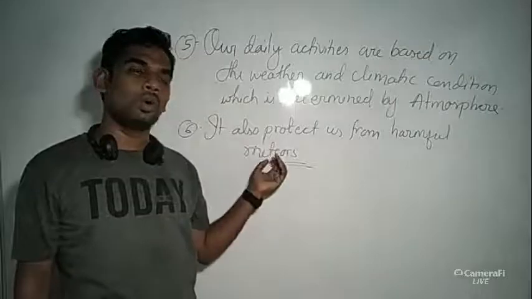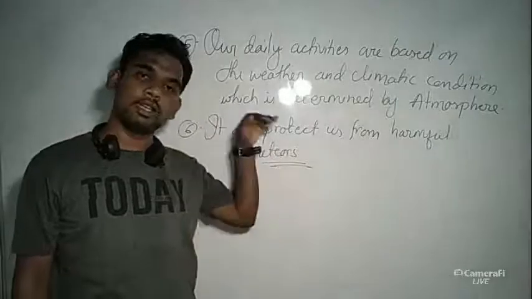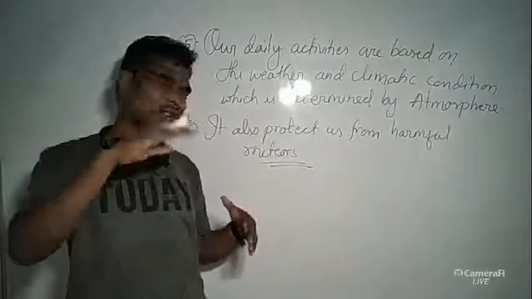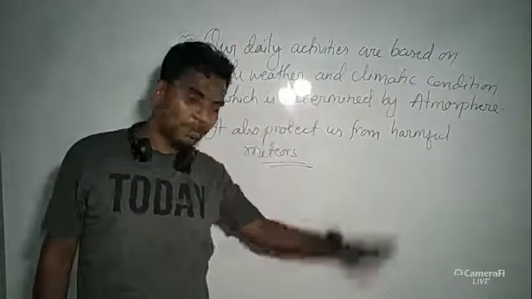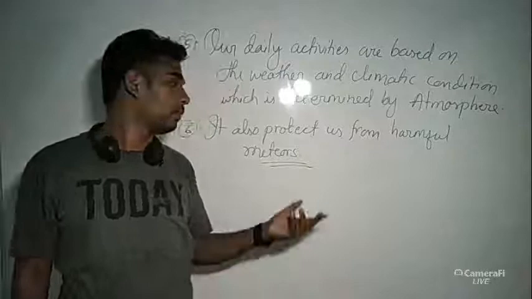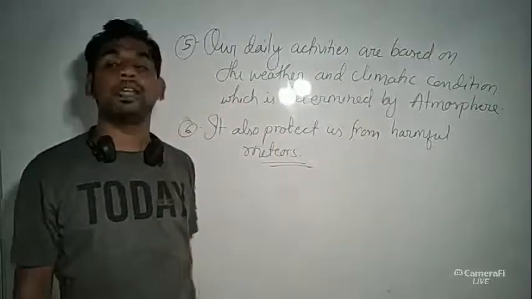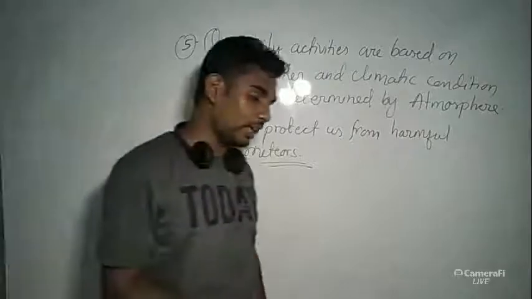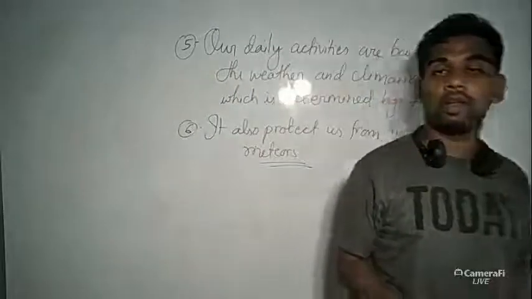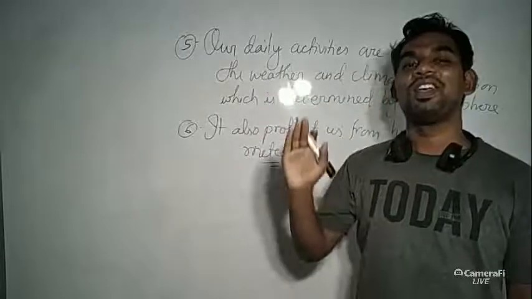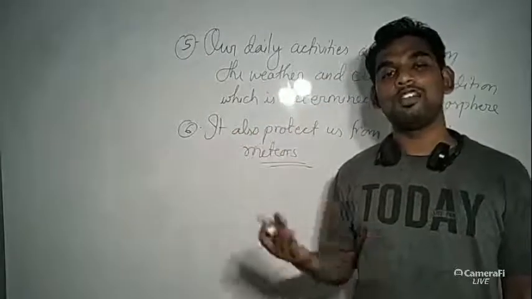And when they fall onto the ground, that is known as meteorites. Clear? So it also protects us from harmful meteoroids. How does it protect us from harmful meteors?